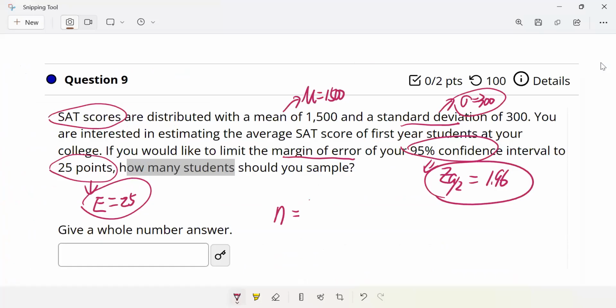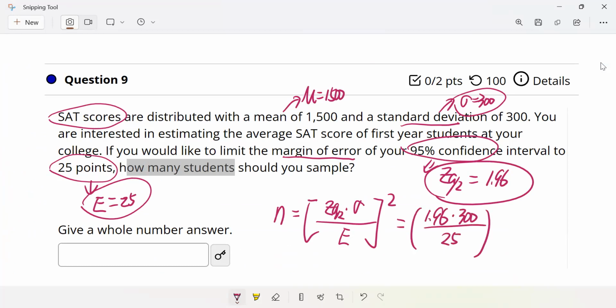So this is going to be square bracket critical z-score times population standard deviation over margin of error, squared. We plug in the numbers: 1.96 times sigma, which is 300, over 25. After that we square it. And we're going to get decimal answers. You'll see in a second.